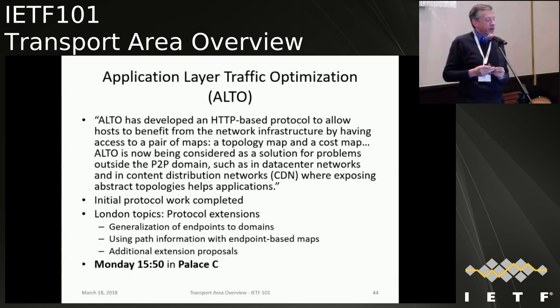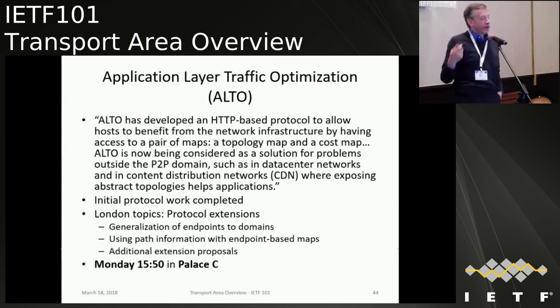ALTO, we're now into the everything else. Application Layer Traffic Optimization. This is actually a fairly high level protocol, runs over HTTP and provides a distributed application with some indication of how the network has been structured. This is for protocols like P2P, peer-to-peer and content distribution networks, where the way you structure the entities that participate in the protocol benefits from some structure of the network in which you deploy the entities.